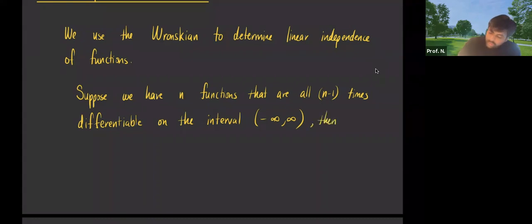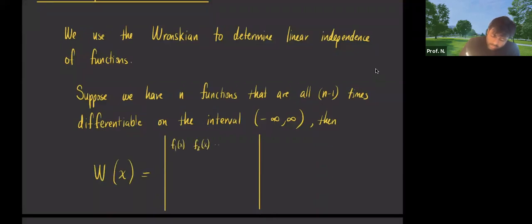Then we call W of x the determinant, so determinants appear once more, of f1 of x, f2 of x, up to fn of x. The entries of the first row are the n functions.